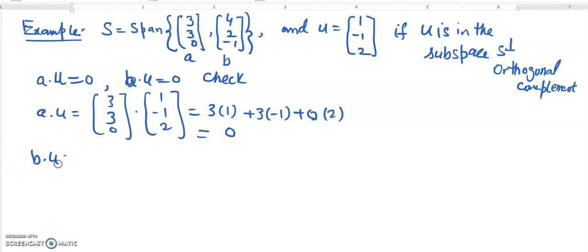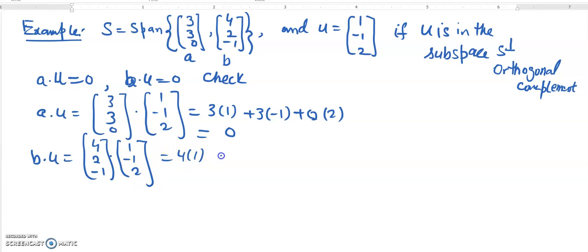So B dot U will be 4, 2, minus 1 dot 1 minus 1 2. So it will be 4 times 1 plus 2 times minus 1 minus 1 times 2. So it is 4 minus 2 minus 2, so it is also 0.